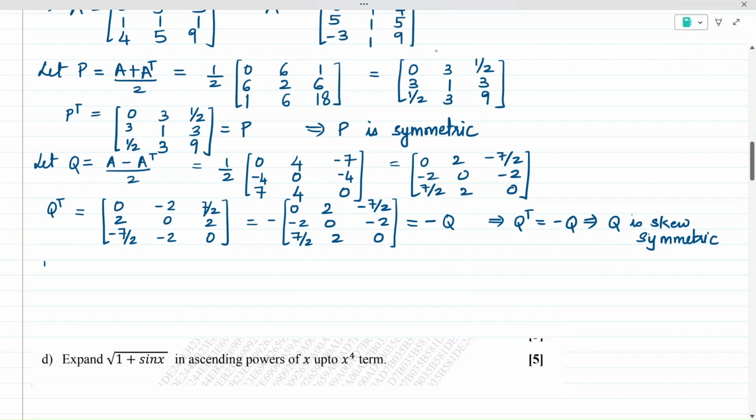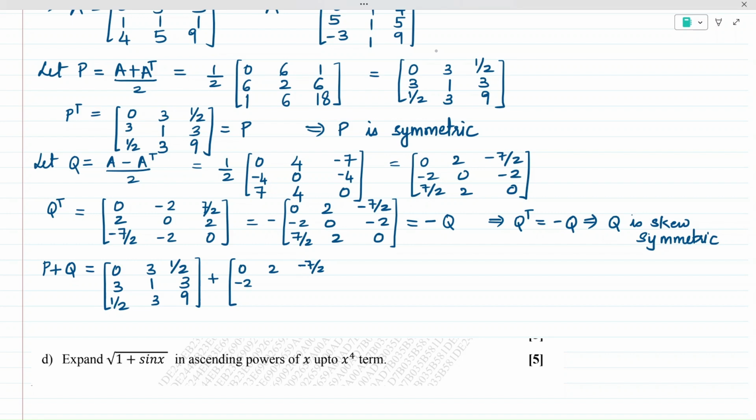Okay. So I'll add P and Q. P was 0, 3 by 2, 3, 3 by 2, 1, 3 by 2, 3, 3 by 2, 9. Q is 0, 2, negative 7 by 2, negative 2, 0, negative 2, positive 7 by 2, 2 and 0.